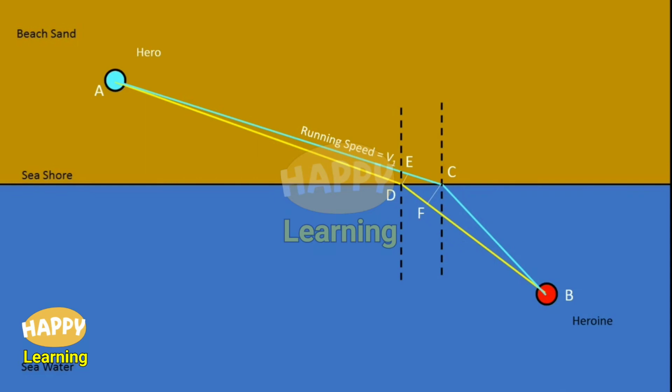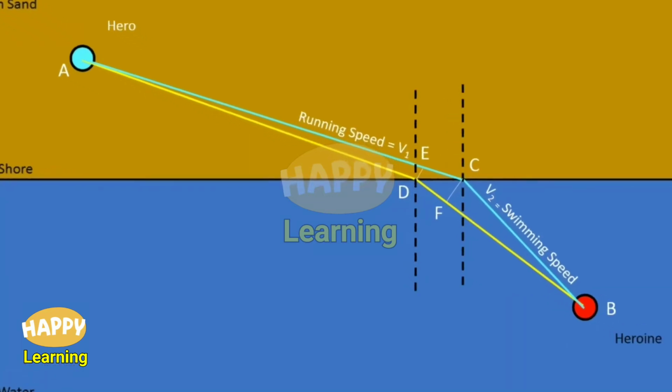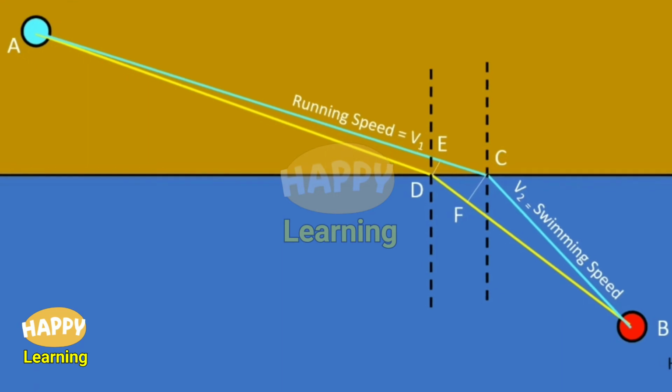This hero can run with a speed V1 on sand, and his swimming speed in water is V2. Then the time taken from E to C is exactly equal to the time taken from D to F.